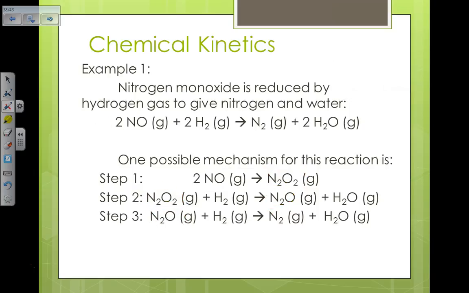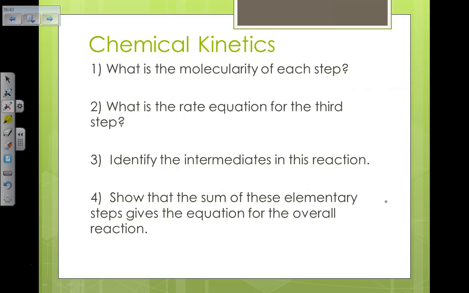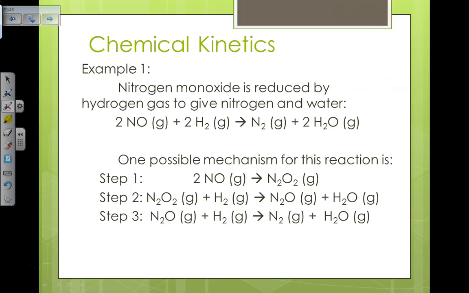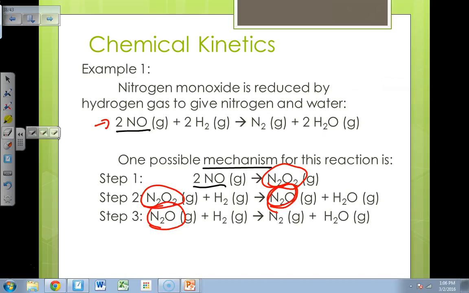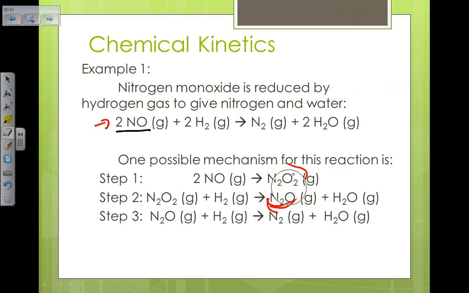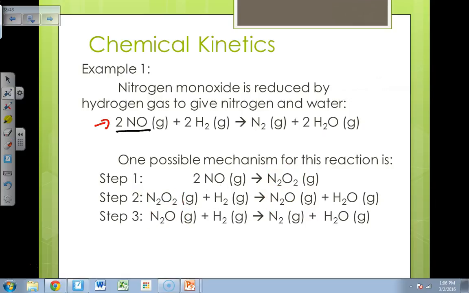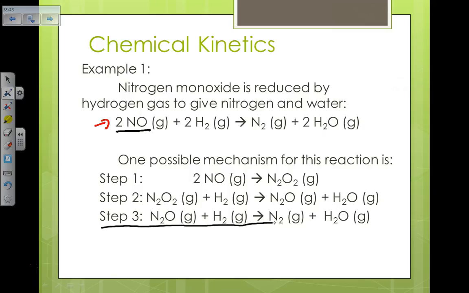Okay? And so now, last but not least, it says, show that the sum of these elementary steps give the equation for the overall reaction. So to summarize these, it makes it easier if we keep our arrows all lined up. I'm particular about this. Not that you have to be, but I am. So I'm going to continue my arrow down here.